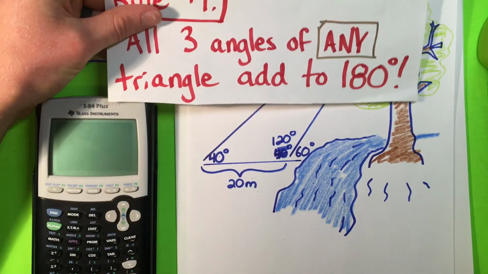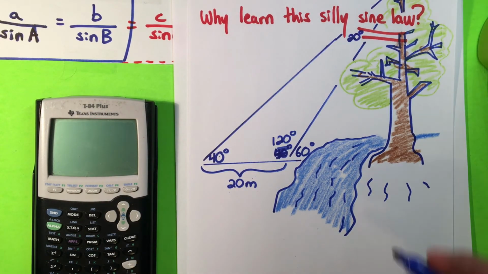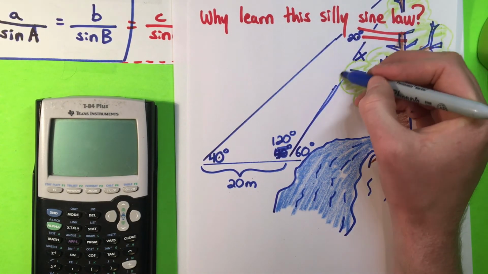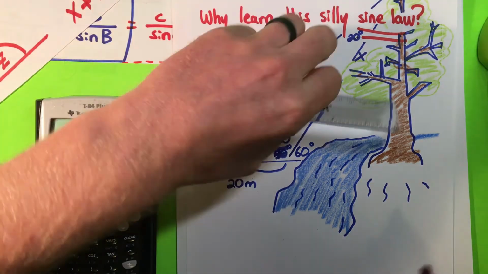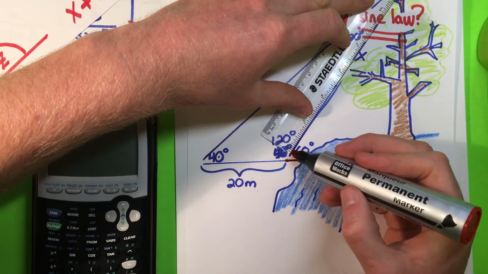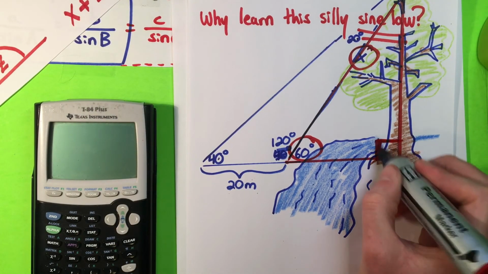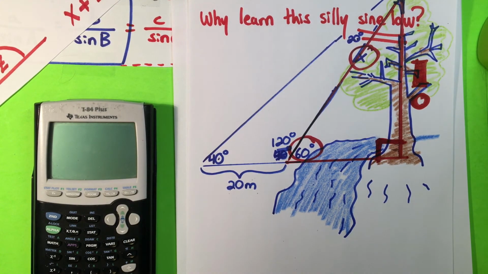Or using rule number 1, we can find out that this third angle is 20 degrees up there. And now we can use sine law to find out what x is, and then we can use the 60 degrees with that x to find out what our exclamation mark is, using that primary trigonometry at the end.